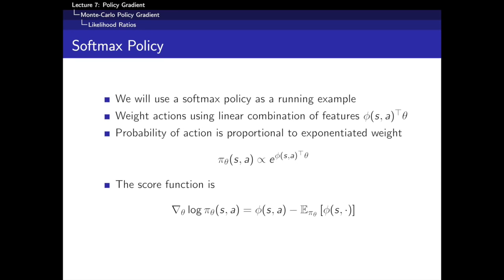So this is called the linear softmax policy. A softmax in general is a policy that's proportional to some exponentiated value. And you can choose those values to be anything you want. And here we're just parameterizing those values in the simplest possible way by using a linear combination of some parameters with our features. So this is a very straightforward way to parameterize a policy in a discrete domain. So imagine we're doing Atari, and we want to know, should I go left or should I go right?